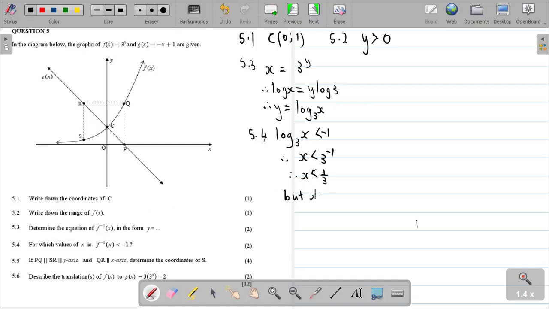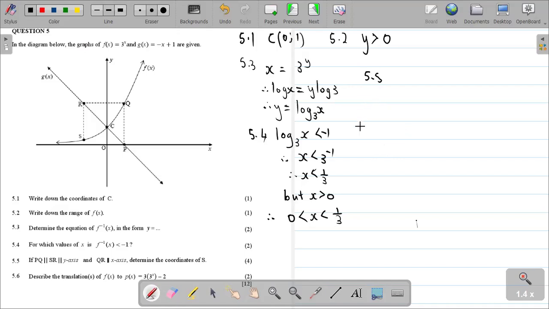But x is greater than 0, because this is the inverse, so the graph will look like this. So it's going to be 0 less than x and x less than 3. That's it.